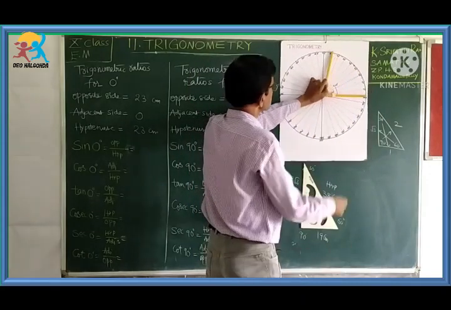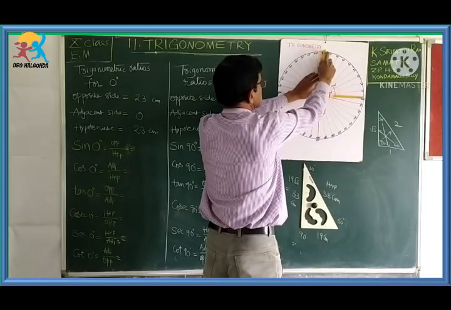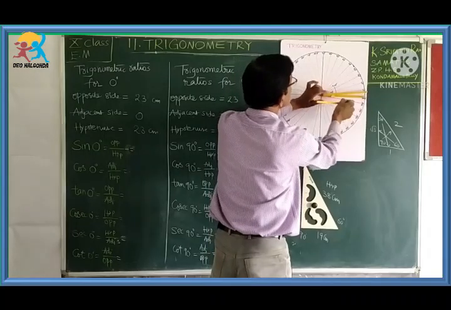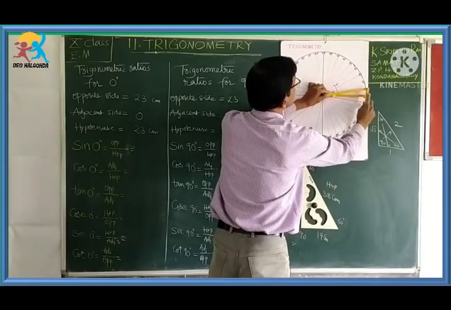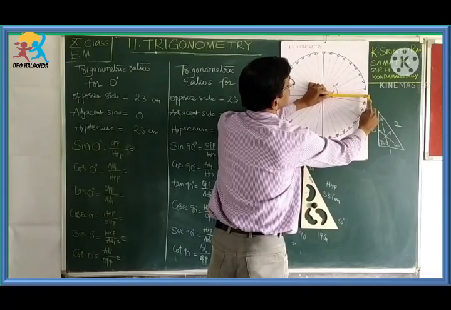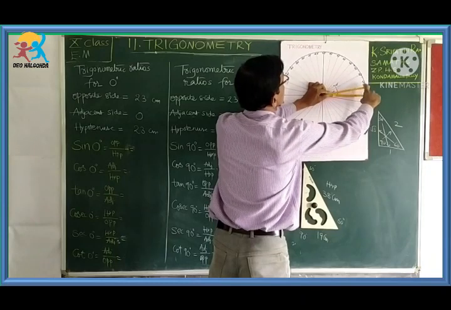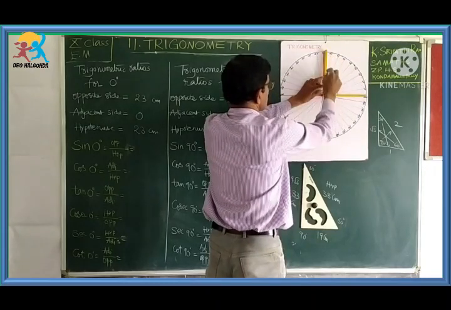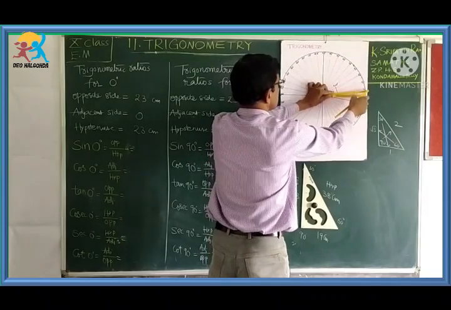At 90 degrees there is no adjacent side, and the hypotenuse is equal to the opposite side. So just see this and understand the concept easily. At 0 degrees, the opposite side is 0, and the adjacent side and hypotenuse are equal. At 90 degrees the adjacent side is 0, and the hypotenuse and opposite side are equal.